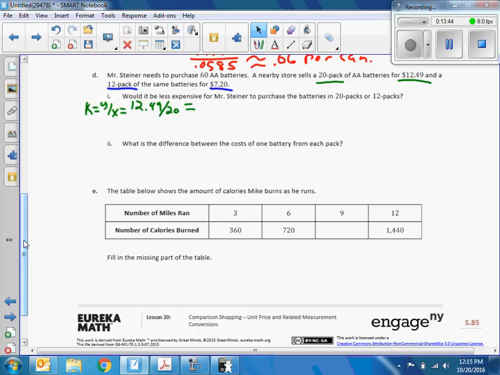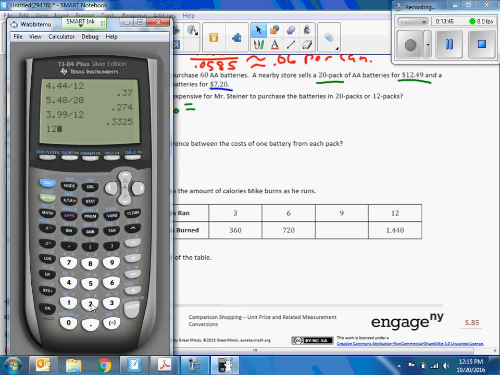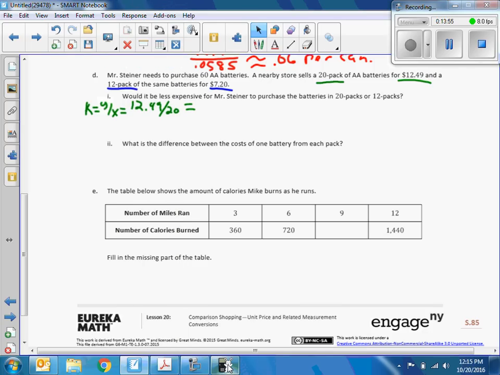So let's take a look. 12.49 divided by 20 is 0.6245 dollars, or 62.45 cents per battery.